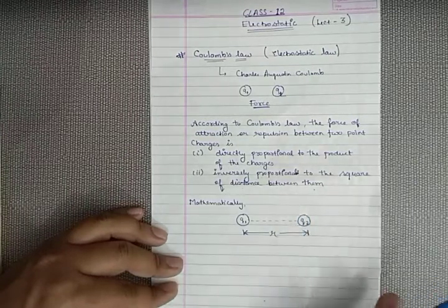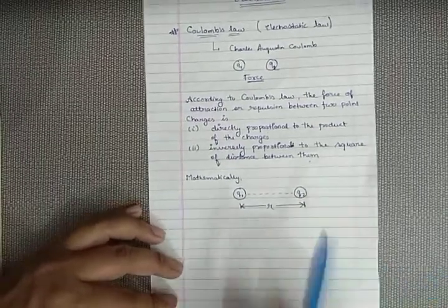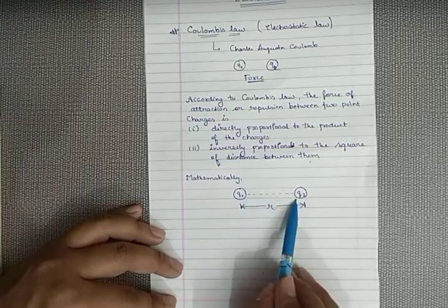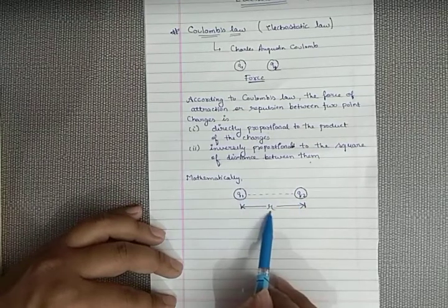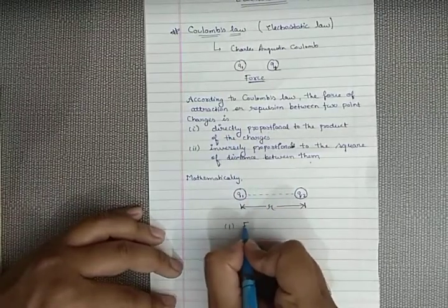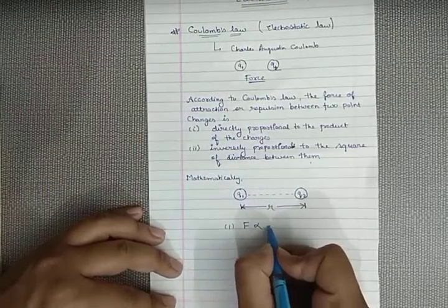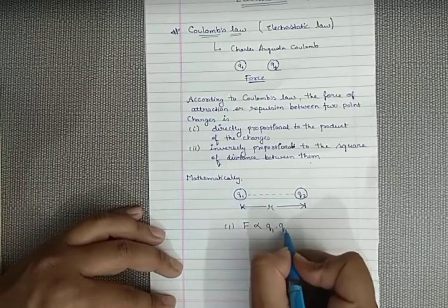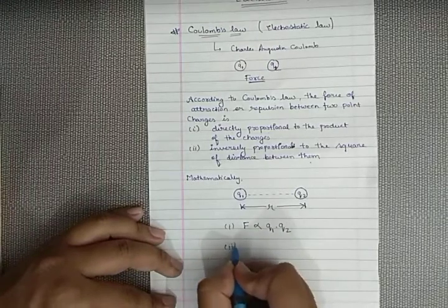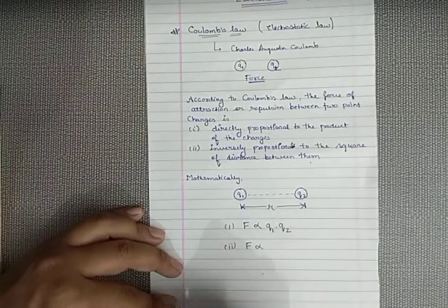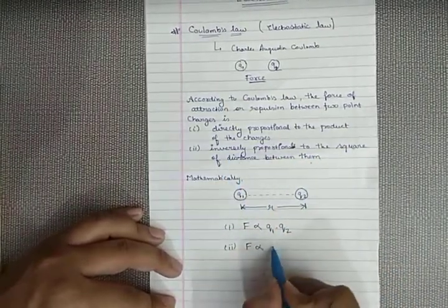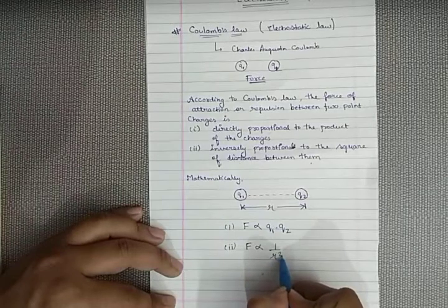Now, how can we express it mathematically? Suppose two charges are Q1 and Q2. These are the two point charges separated by distance r. The first statement says that this force is proportional to the product of the charges, that is Q1 into Q2. The second statement gives that force is inversely proportional to the square of distance, that is 1 by r square.